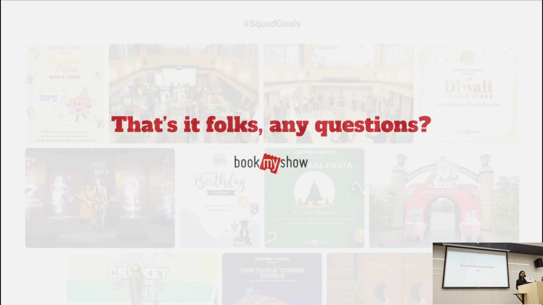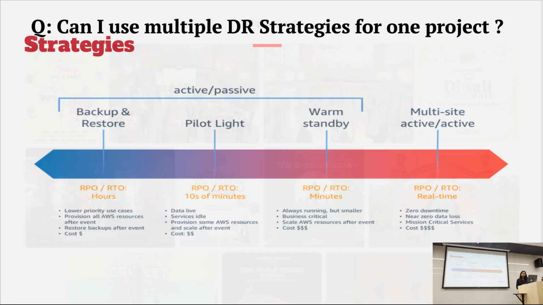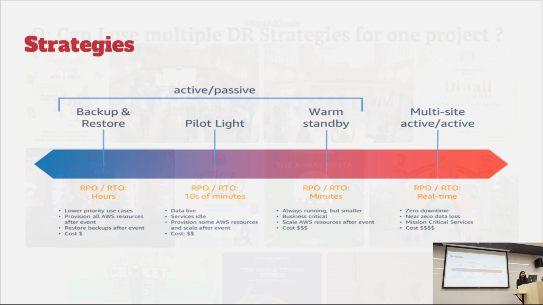Any questions? Suppose I have one project, can I use multiple strategies for the same project at the same time? Yes, you can. For example, we have a lot of microservices, or let's say a lot of databases. For all the databases, I might not need active or real-time sync.